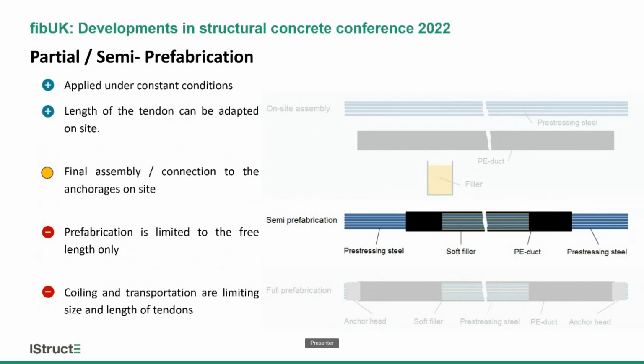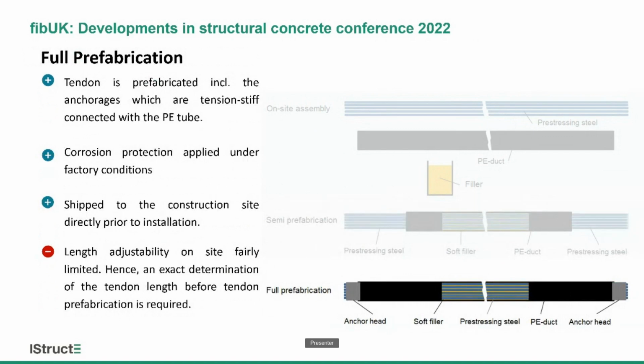That is a pro and con, because here in this area it is critical to apply the corrosion protection in the proper way. There are also limitations on size and length of tendons due to transport. So important to highlight again: prefabrication in the free length only, still anchorage assembly at the job site, and critical for corrosion protection is especially the transition between the free length and the anchorage zone. That needs to be treated with special care.